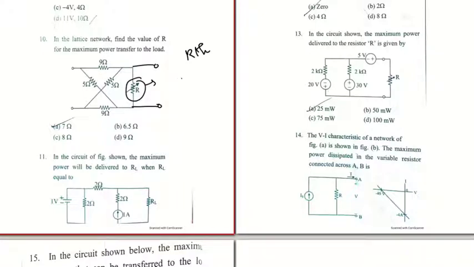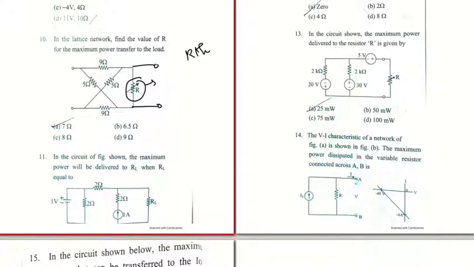To get the maximum power into a particular load, that load value should be equal to RTH. We open circuit that load first, then look at the other elements in the network and find their equivalent resistance, and it should be equal to our load, so that we get the maximum power at the load. So we have to find out our RTH.